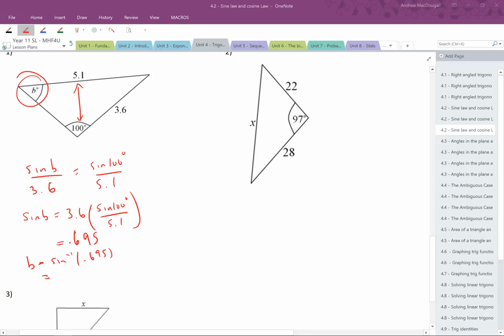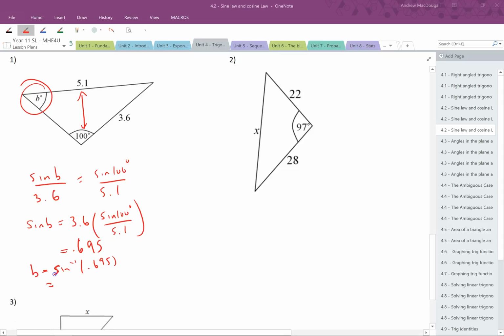Now you would actually get two answers in the future when we take an inverse sine of an angle, but for now I'm just going to consider acute angles. 45.0 degrees rounded to 3 sig figs. So that is an example of the sine law.